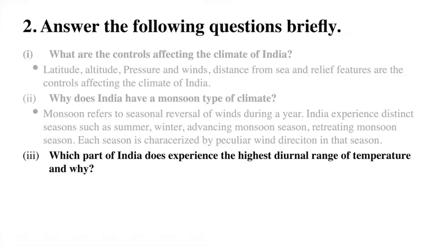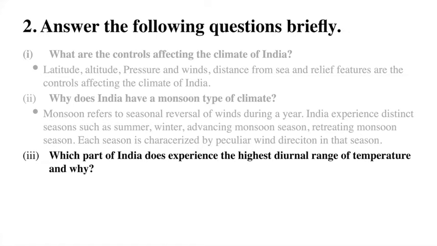Next question. Which part of India experiences the highest diurnal range of temperature and why? First we have to understand the highest diurnal range of temperature. What does it mean? It means there is a lot of variation between day temperature and night temperature within the same day.